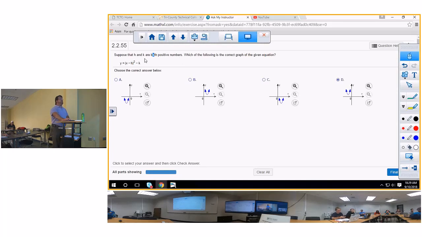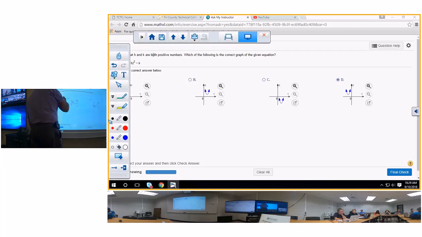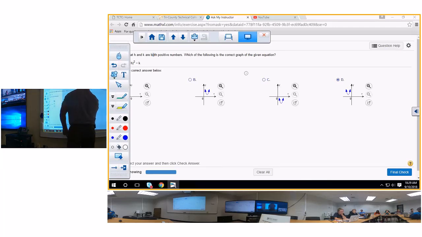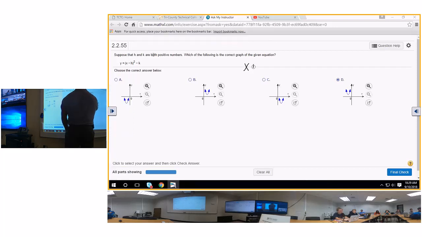So just take it like it is then. Negative means positive. Take the opposite of both. No, wait a minute. It's written in intercept form. I don't like this question because I teach you this: x plus h, quantity squared, minus k. And I tell you to take the opposite of this and take the opposite of this, right?